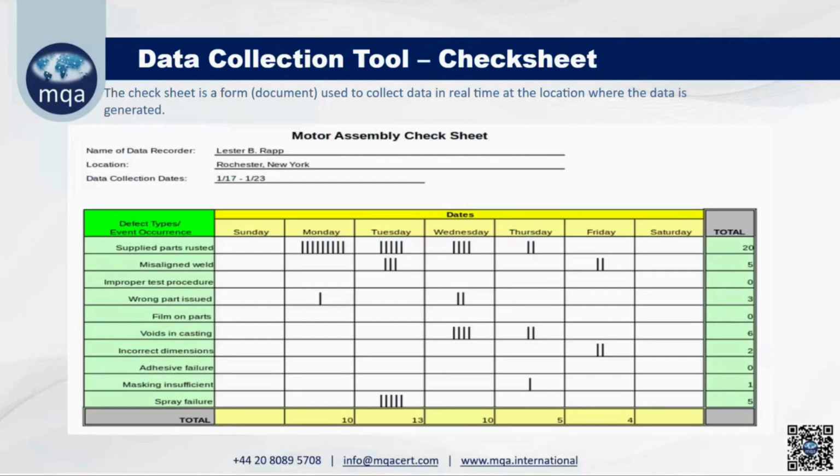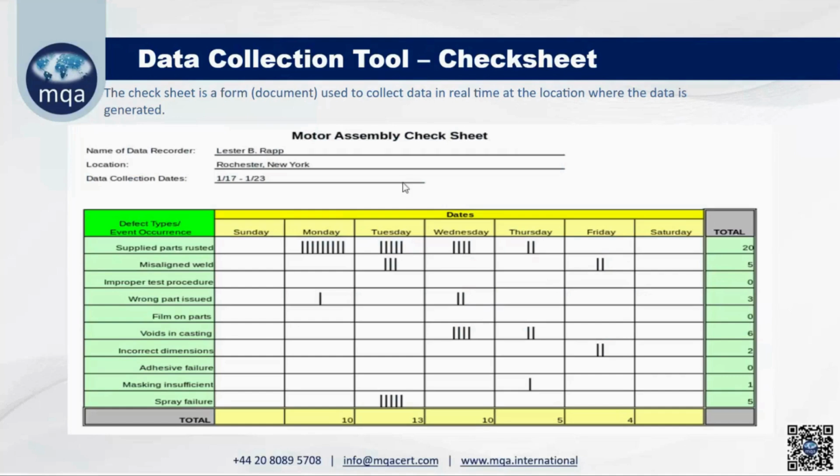In this way, for Tuesday, total 13. 3 types of defects are there. Wednesday, total 3 types of defect, total 10. Thursday also 3 types of defect, total 5. Friday only 2 types of defect and total is 4. So we got here 2 types of data. What is it?